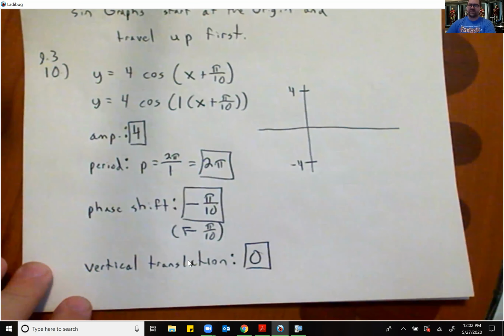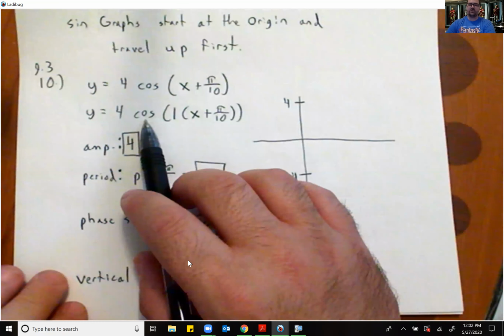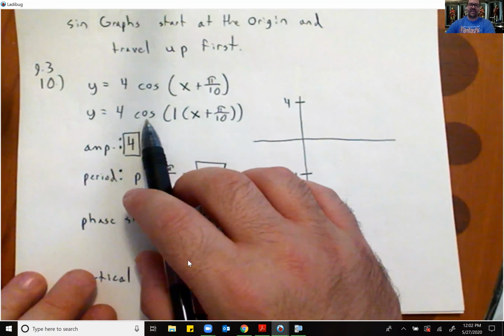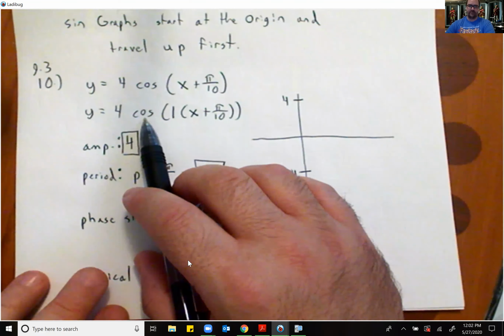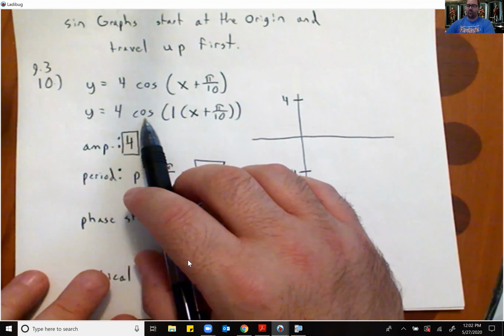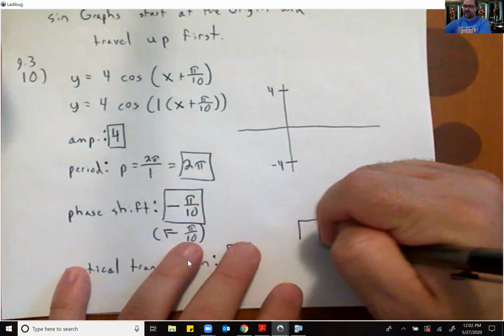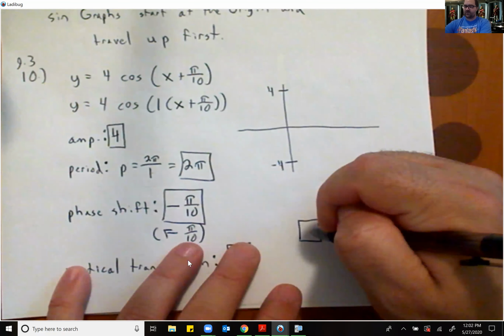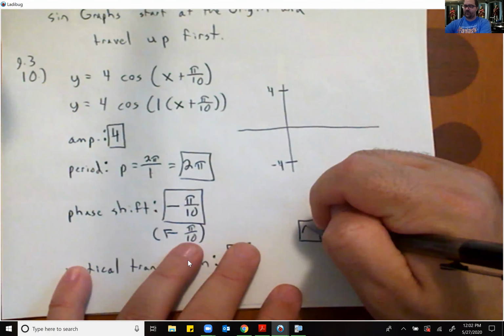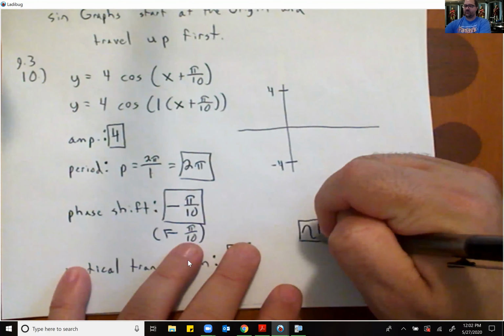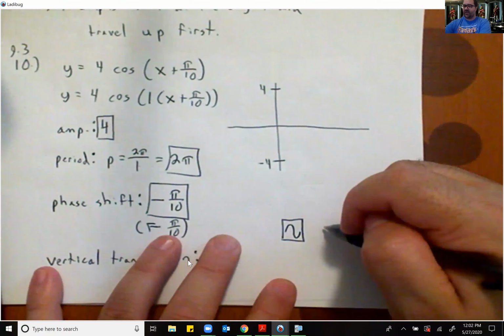Now remember, it's cosine. Cosines start at the amplitude, okay? So when you're in there, you have 2 pictures that look like this. One starts down, goes up like that. The other picture looks like this.